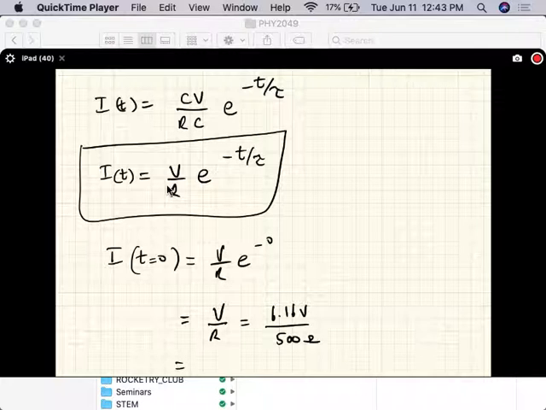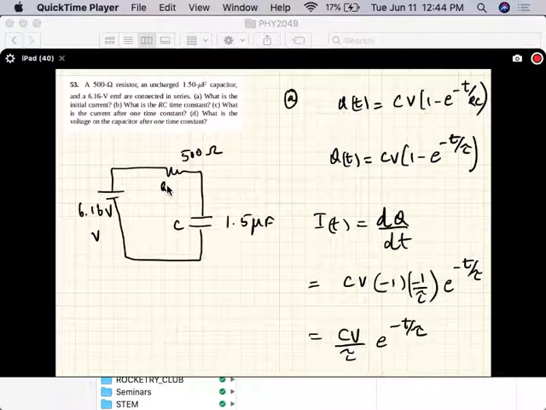So the initial current in that RC circuit is 0.0123 amps, equal to 12.3 milliamps. Okay.